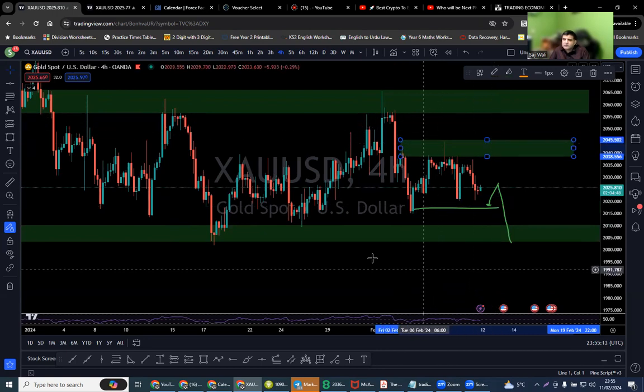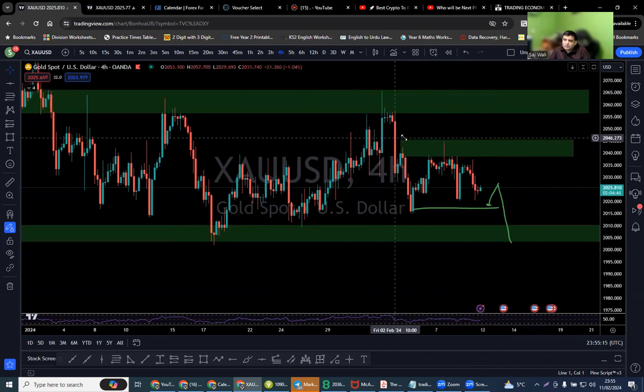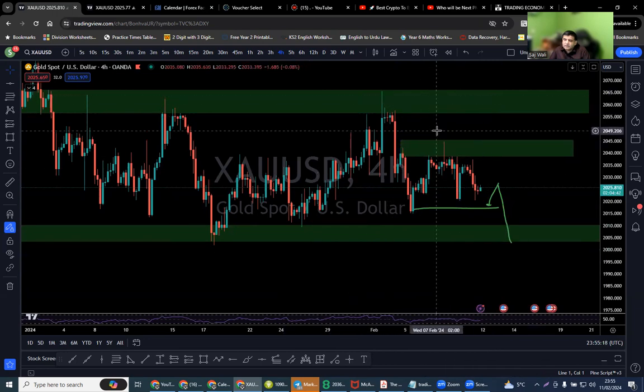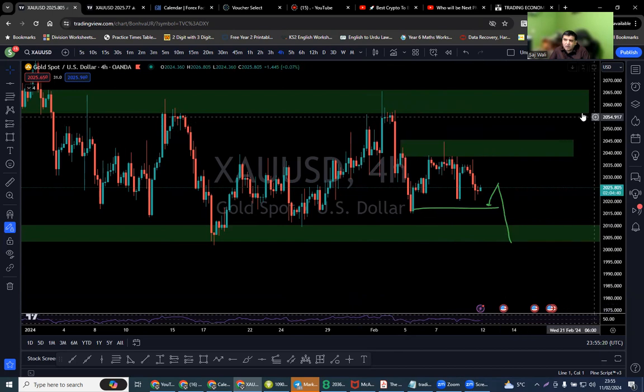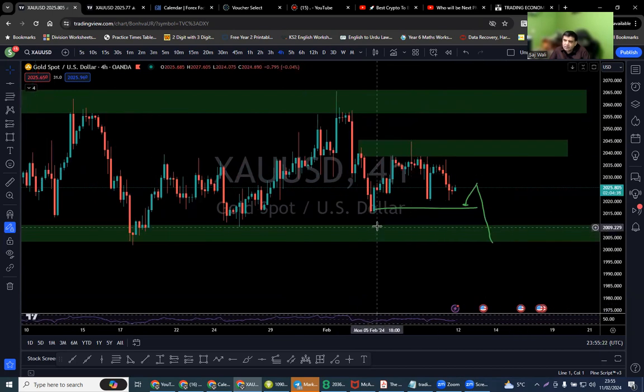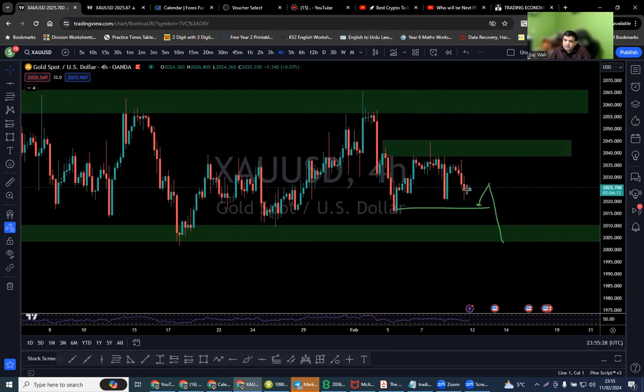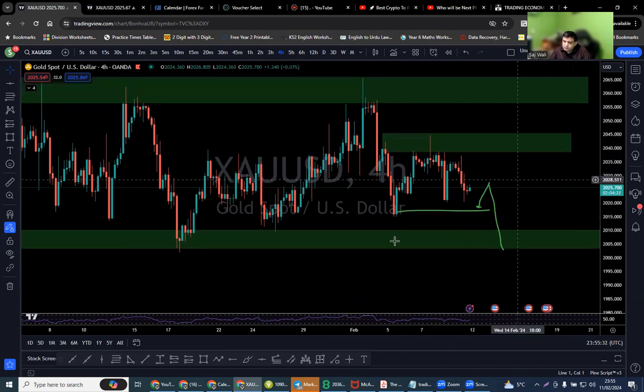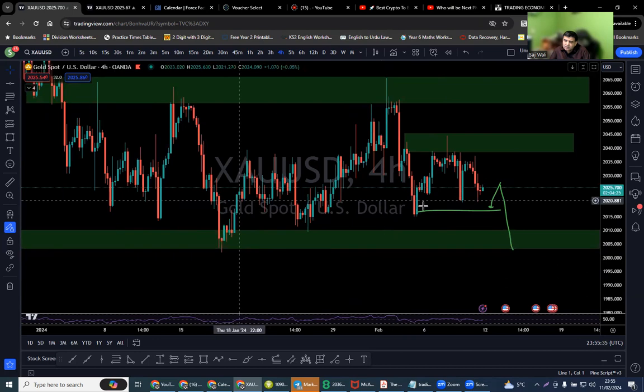So that comes in forms of liquidity, which are the stop losses or orders, basically. I hope this makes sense. If it doesn't, please do comment, and I'll explain more what liquidity is and why it's needed to run the market. Right. So I hope this makes sense to you.